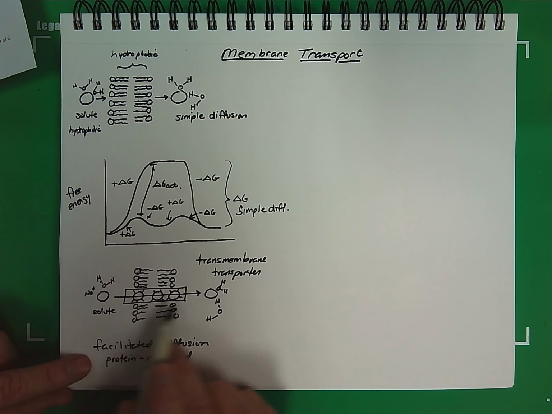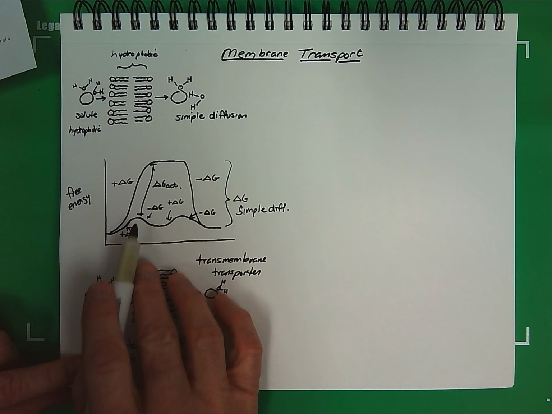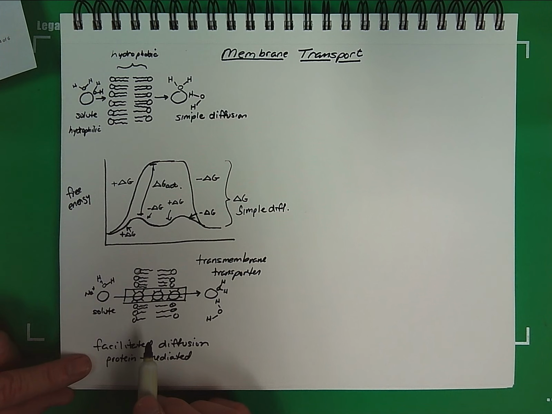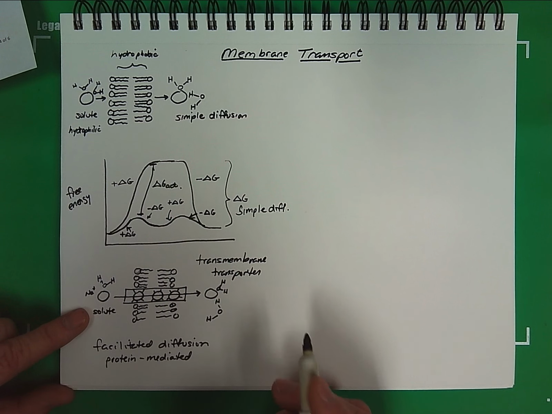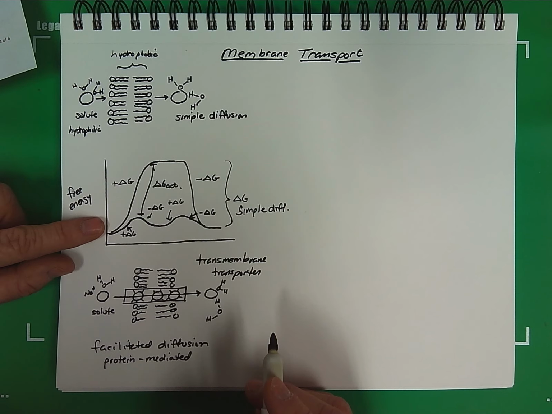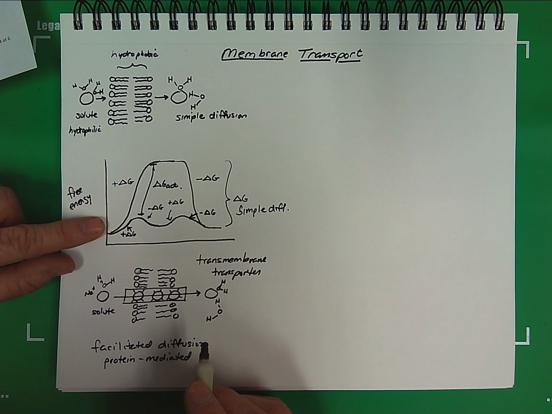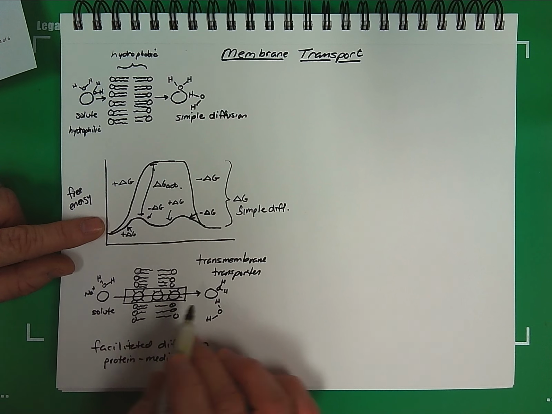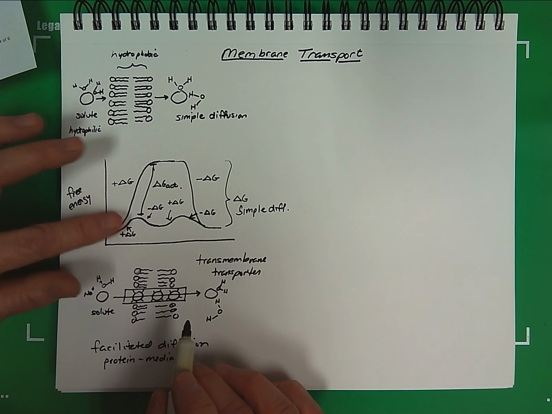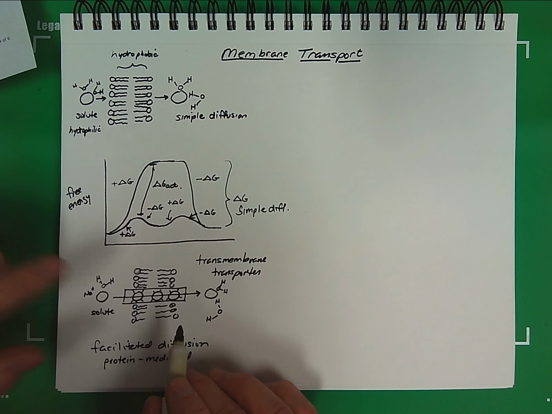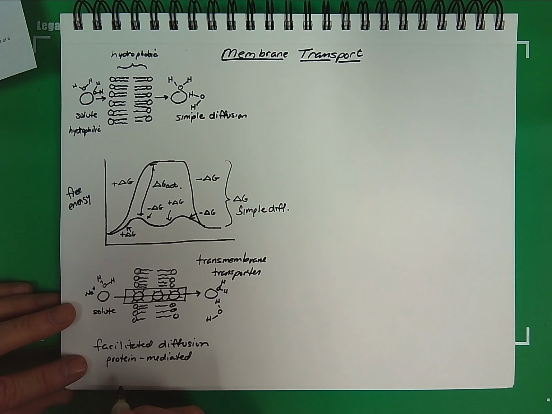We have a protein here that crosses the membrane that allows this reduction in activation energy to drive this solute across the membrane. Now, similar to an enzyme, this is not going to change the equilibrium constant of this reaction, simply going to reduce the amount of free energy required to have this reaction proceed forward.